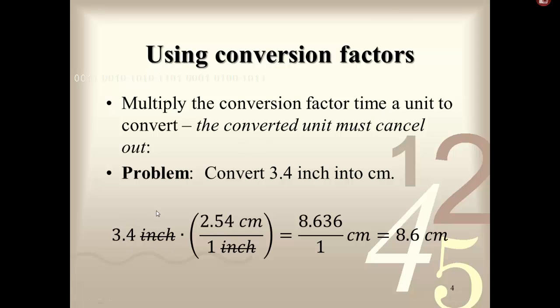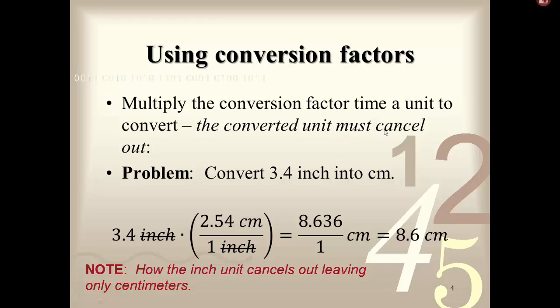So this is the unit you want to convert right here, 3.4 centimeters into inches, and the converted unit must cancel out. So when I multiply this factor, there must be this one unit in the numerator and the other unit in the denominator to cancel out. They can't be both in the numerator or both in the denominator, otherwise the conversion factor is not set up right.